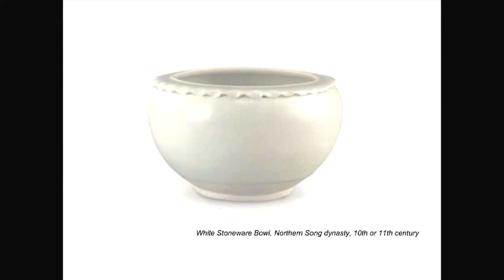But the steppe culture really depended on milk, which inspired the whiteness as a sign of life. White stoneware bowl in Ding Yao, 10th or 11th century, my favorite period of ceramics. So that's why I had to include it.